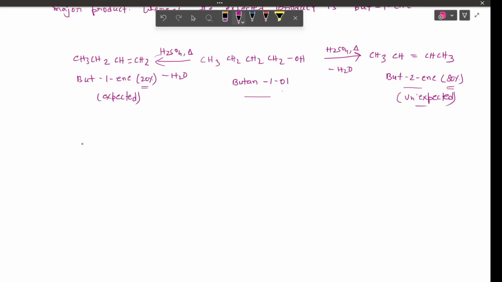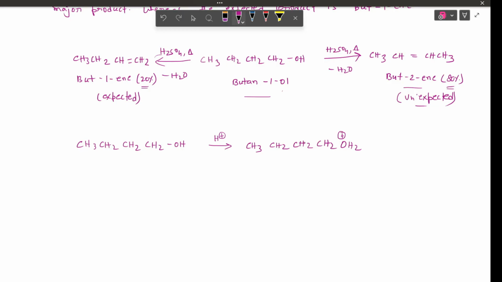So let us see. This is our CH3, CH2, CH2, CH2OH. You are doing it in acidic medium, that means a proton is there and it will attach to OH. So CH3, CH2, CH2, CH2, OH2 plus.